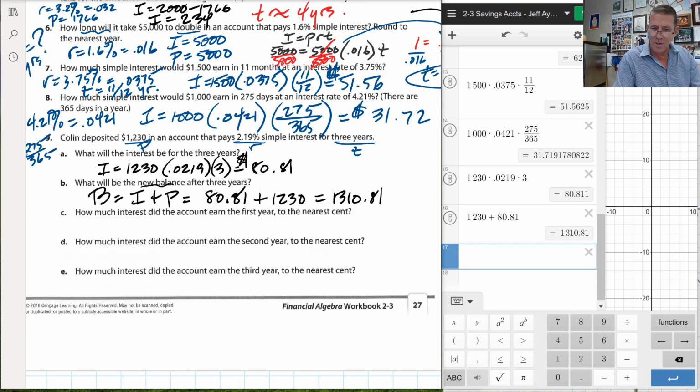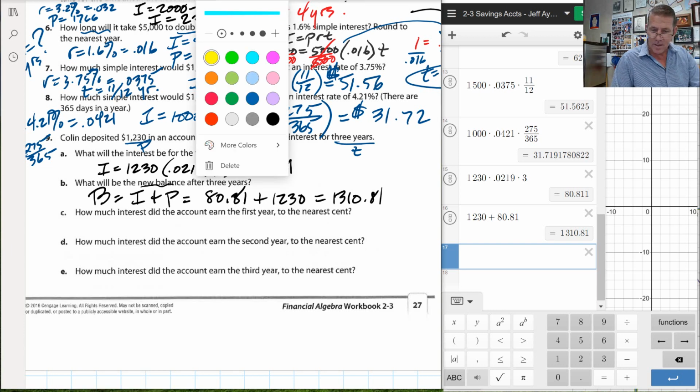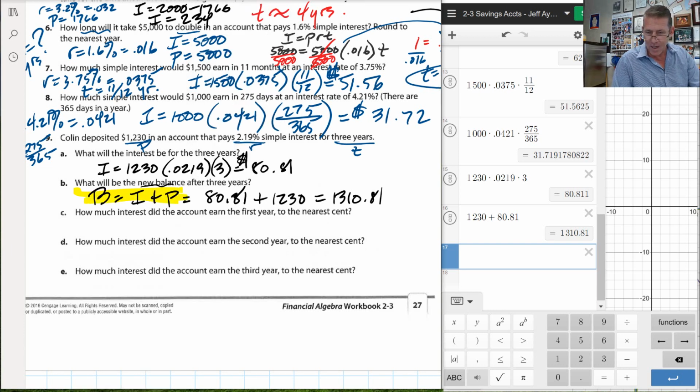Okay, so you just learned a new idea here, and this one's right here. So highlight that. Balance is always interest plus principal over time, or you can reverse that, principal plus interest. Same thing. So how much interest did the account earn in the first year? Well, let's figure that out. So in 1 year, t equals 1 here.